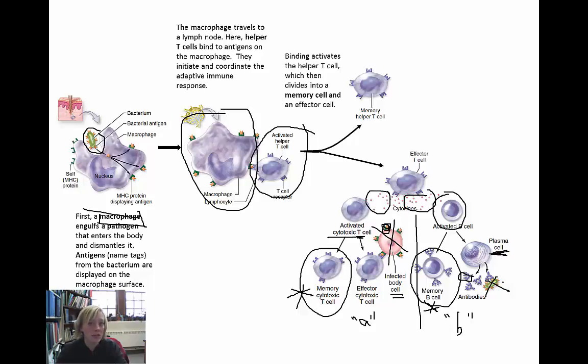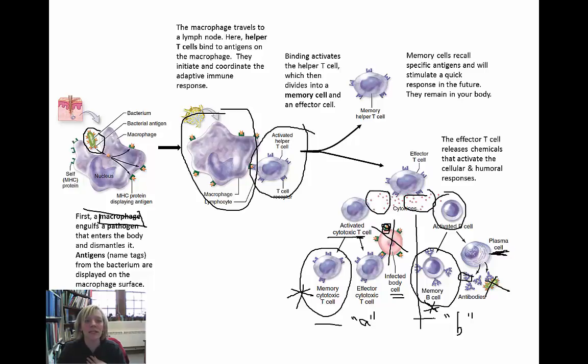Now, let me go through this again, just as a review. We have that memory cell that was produced, right? And we see memory cells produced down here at the bottom of our diagram as well that I starred. And again, that's going to elicit a very quick response in the future. It's the effector T cell that's going to activate each of these responses. In the T cell response, in the building of that T cell army, we see this attack and killing of really the body cells, okay?